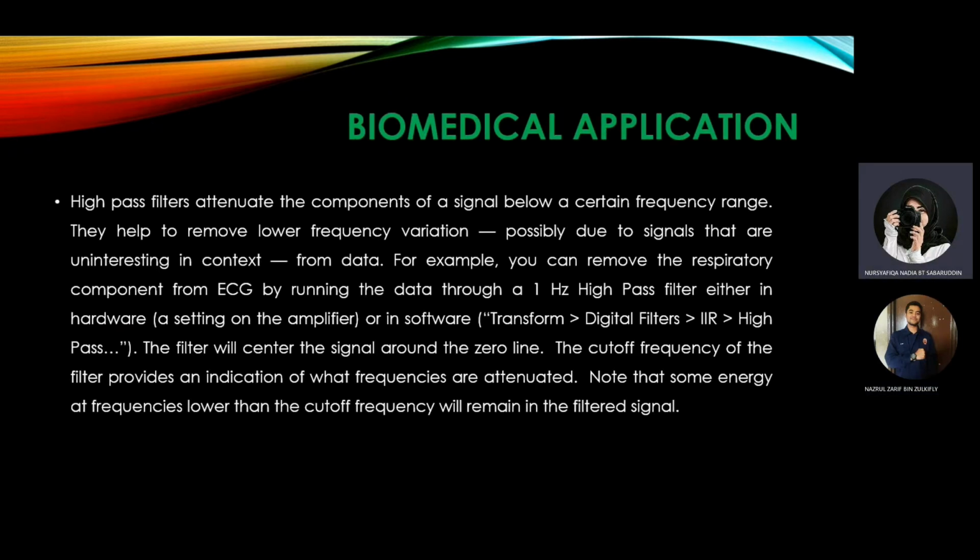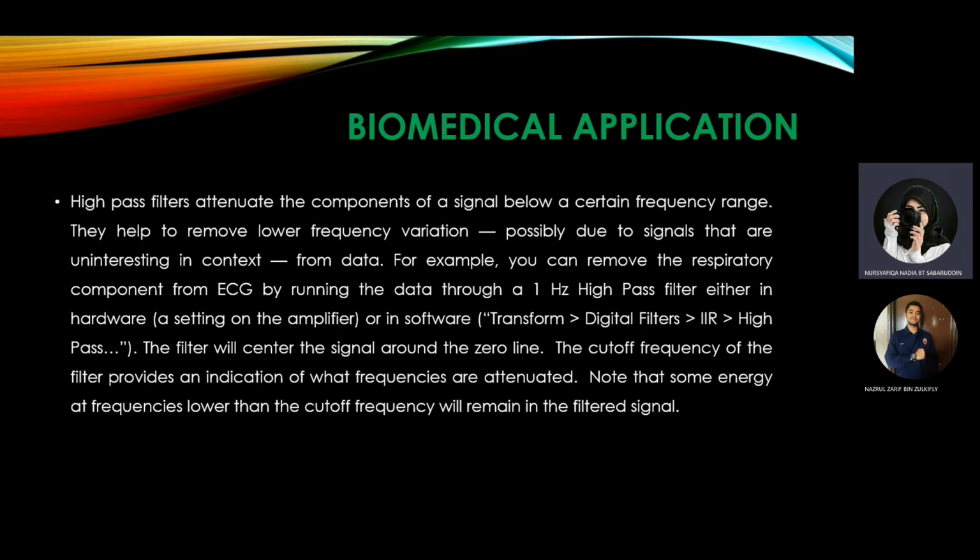For biomedical application, high pass filters attenuate the components of a signal below a certain frequency range. They help to remove lower frequency variation, possibly due to signals that are uninteresting in context, from data.